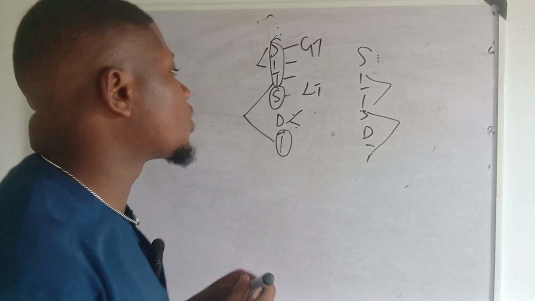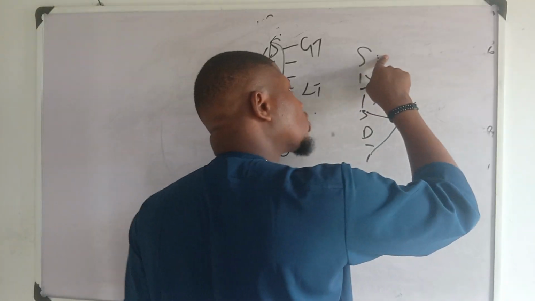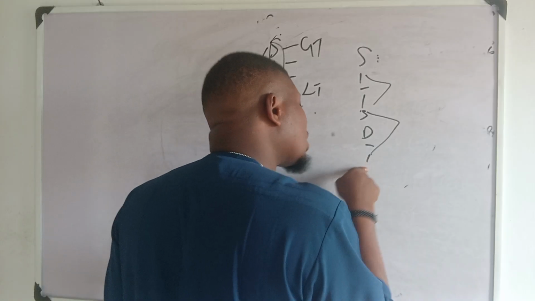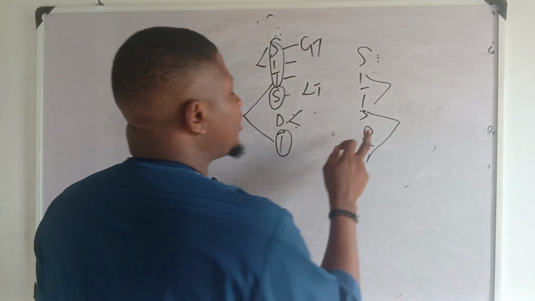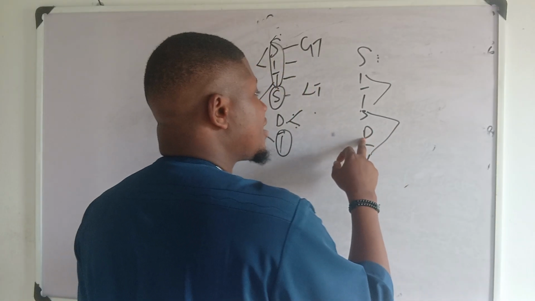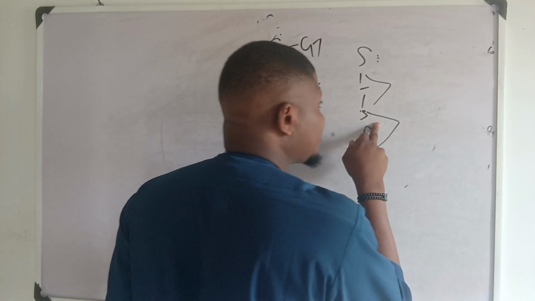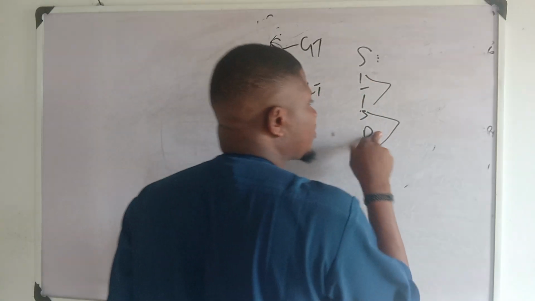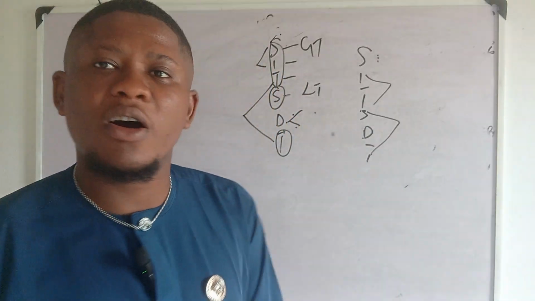What are the two things this one does? This one is abduction, and this one is adduction and lateral rotation. These two are what? Adduction and medial rotation. Then this one does flexion, extension, and abduction of the arm. I think this is all for now.